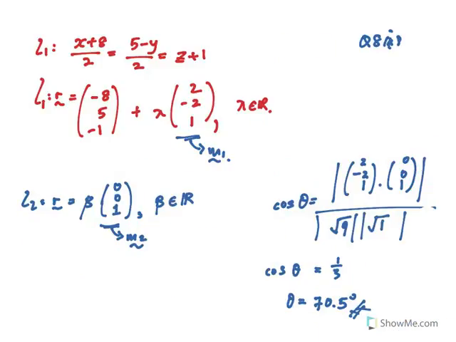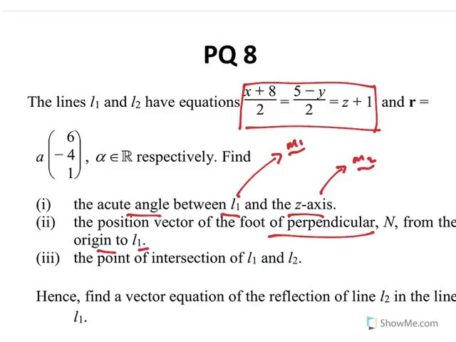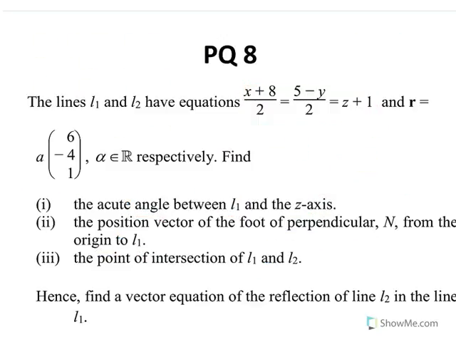Right, next up we're going to find part 3. We need to find the point of intersection of line 1 and line 2. Very simple: we try to make x, y, z the subject on both sides.